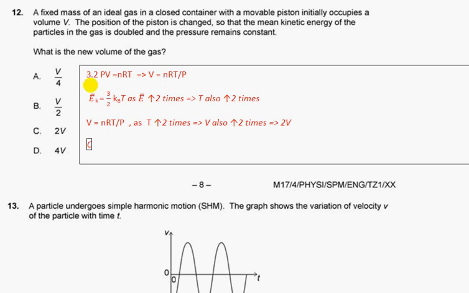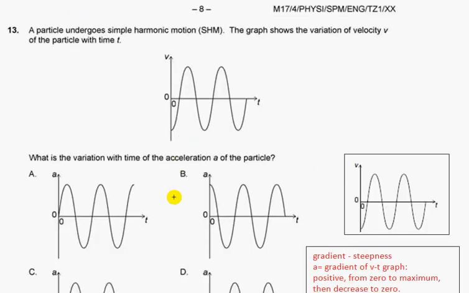To learn about temperature, we use the formula for average kinetic energy. So average kinetic energy doubles, which means that temperature also doubles. Temperature doubles, volume doubles, so we choose answer 2V.